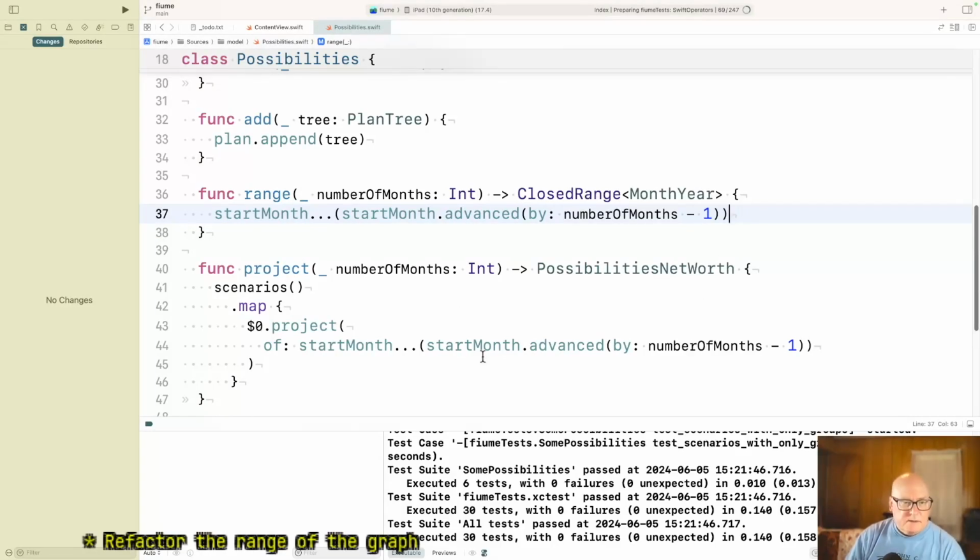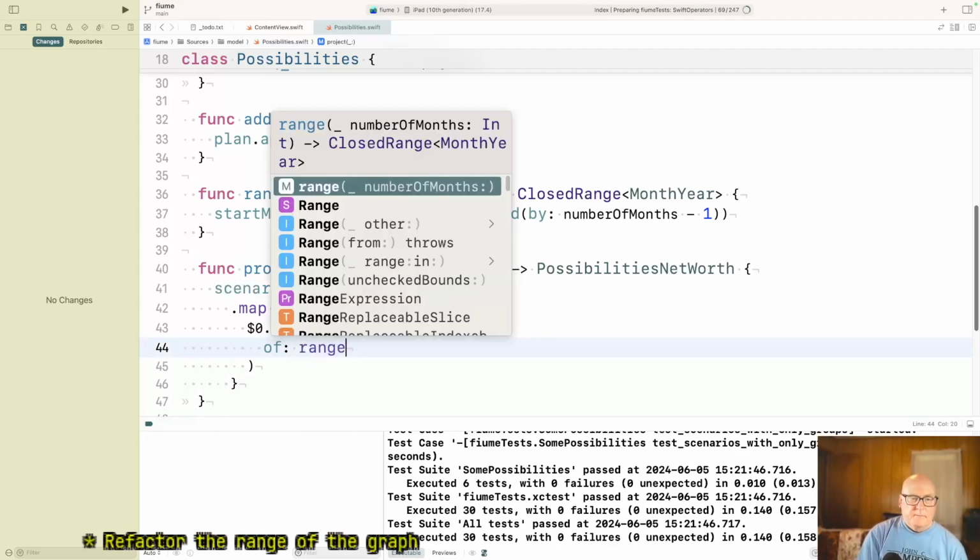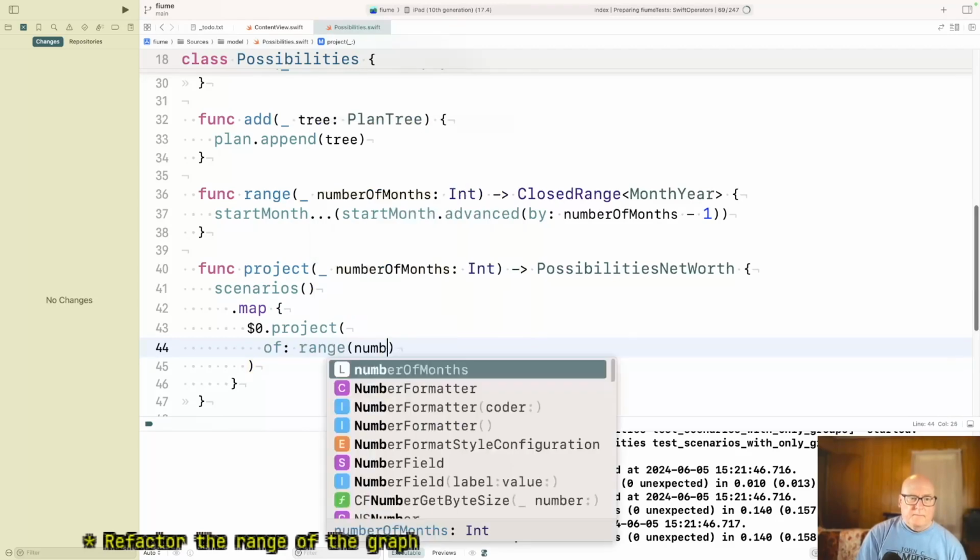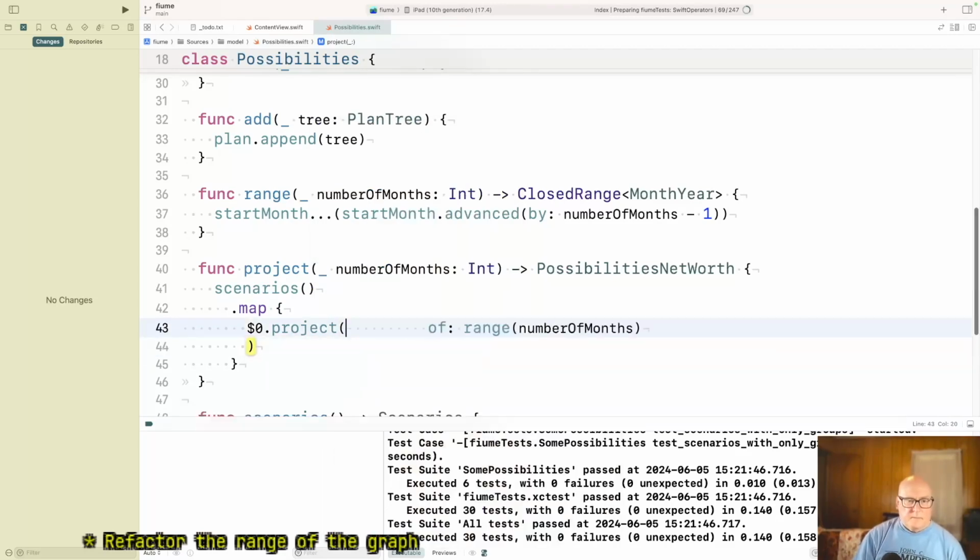Okay, well, that's this. Let me go ahead and read this on one line now.